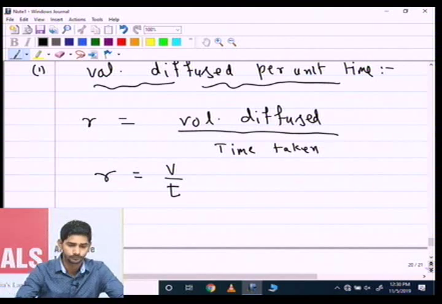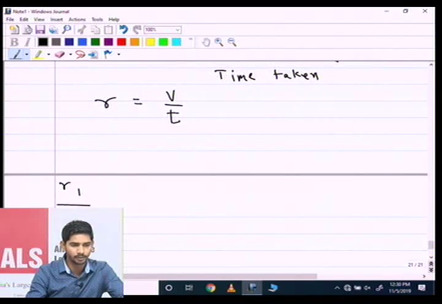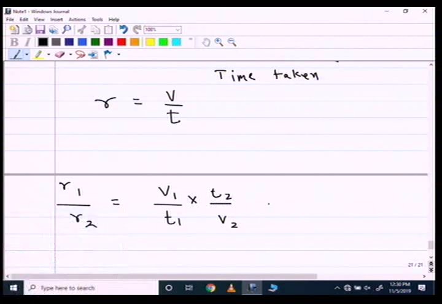Copied. Look at this. R1 upon R2 can be written like this: V1 upon T1 into T2 upon V2. And we know that this is equal to root M2 upon M1.